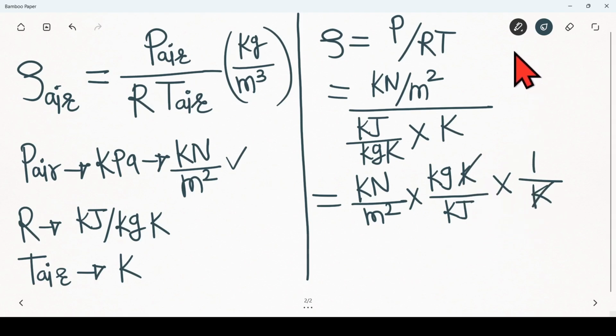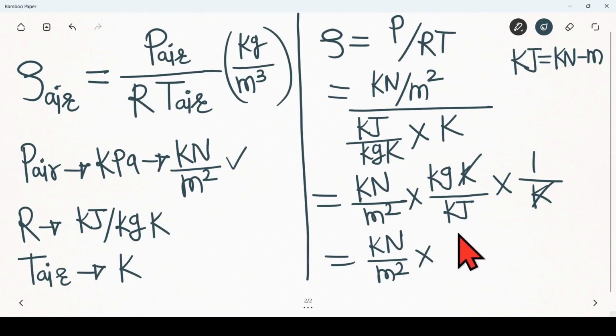So what is 1 kilojoule? 1 kilojoule is nothing but 1 kilonewton meter. So I can write here kilonewton per meter square multiplied by kg divided by kilojoule. 1 kilojoule is nothing but 1 kilonewton multiplied by meters. From here, this kilonewton and this kilonewton will get cancelled.